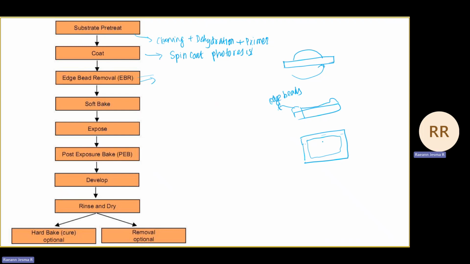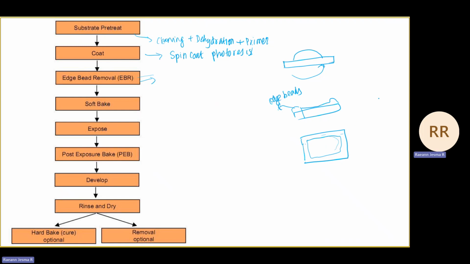So whatever exposure dose or development time that you use for your samples which are inside will not work for the outside. So if you do development for a long time, in order to develop your devices at the edges, your devices in the center will become overdeveloped.